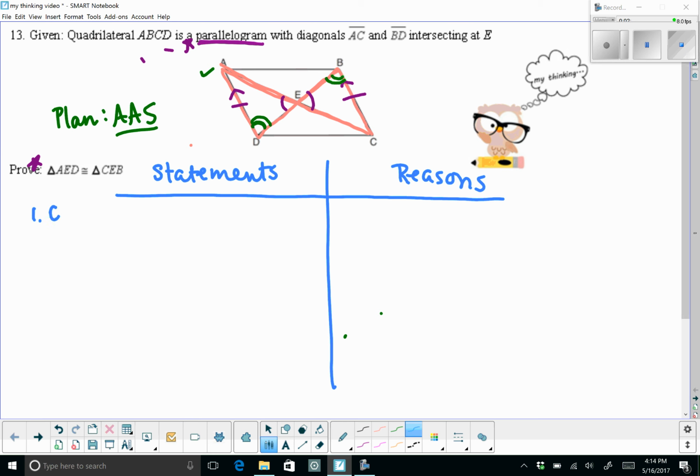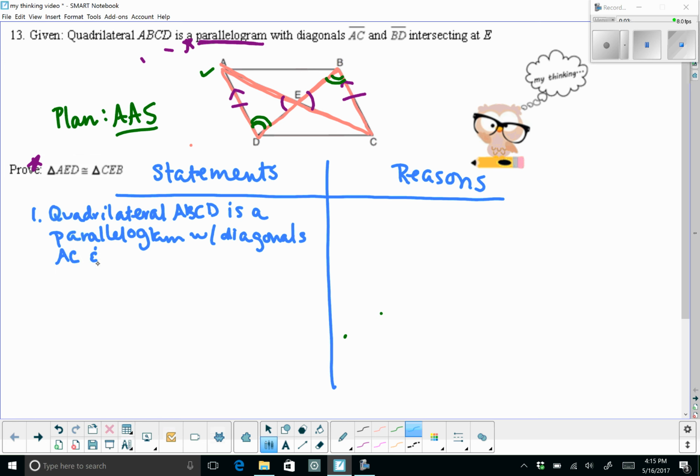So in step one, I'll say I have quadrilateral ABCD is a parallelogram with diagonals AC and BD intersecting at E. All given.